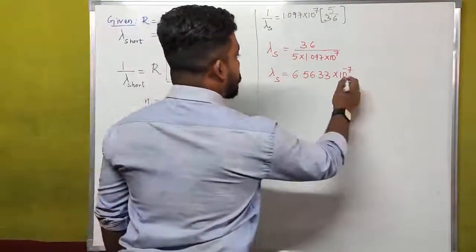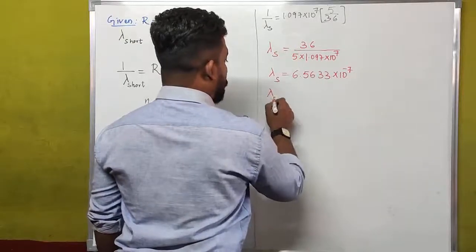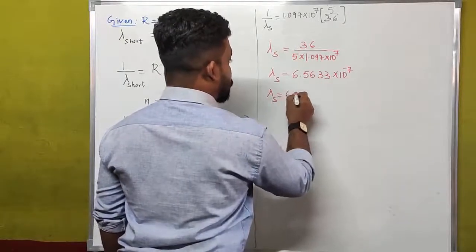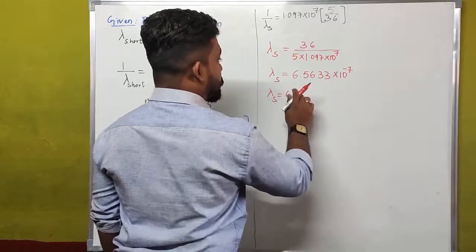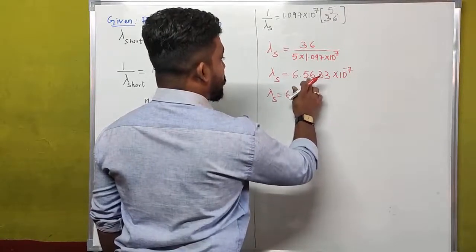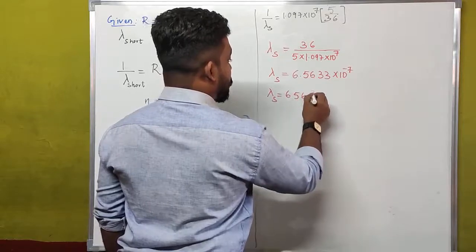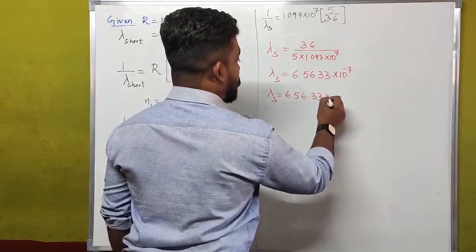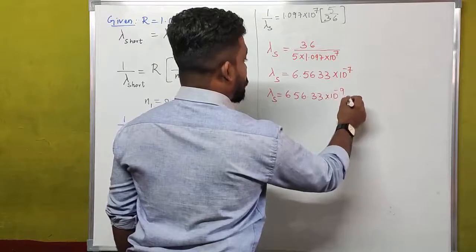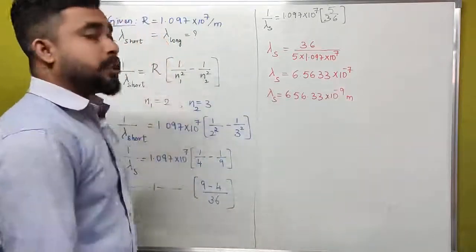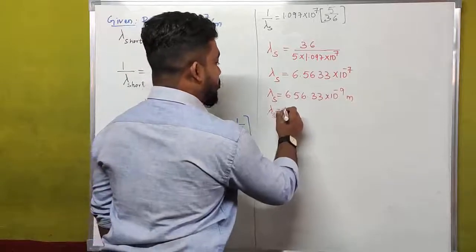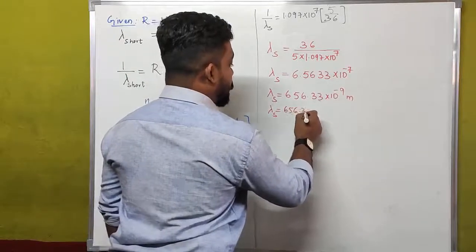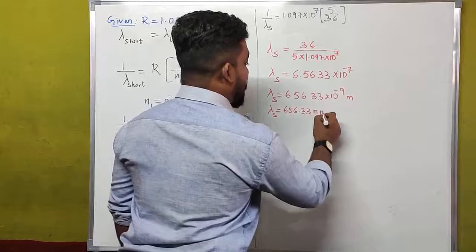Then we can write the shortest wavelength as 656.33 into 10 to the power of minus 9 meter, or we can also call this 656.33 nanometer.